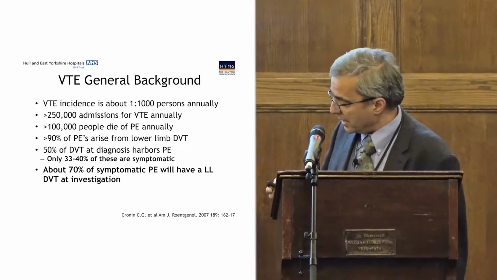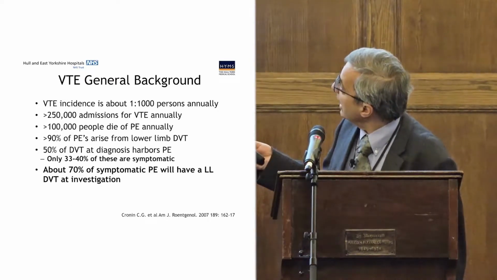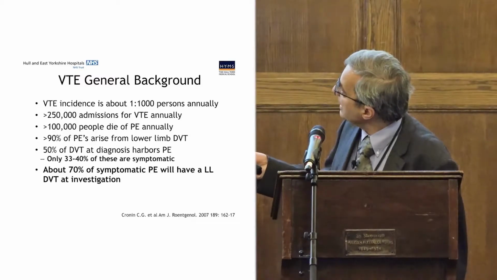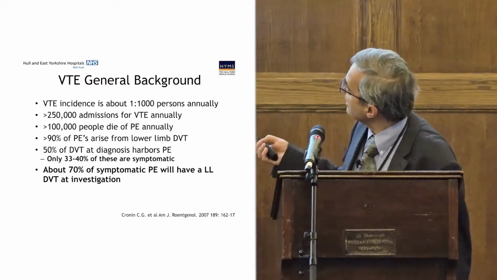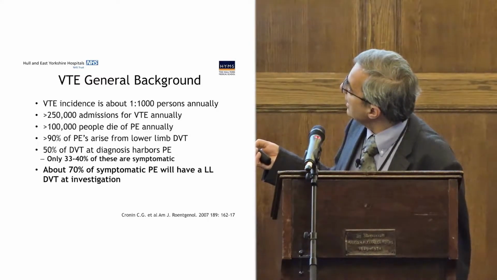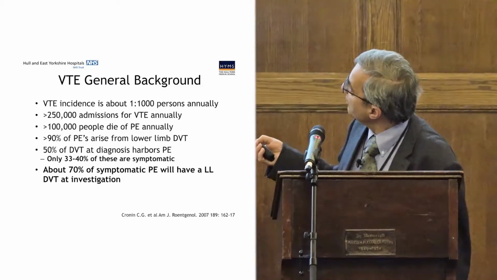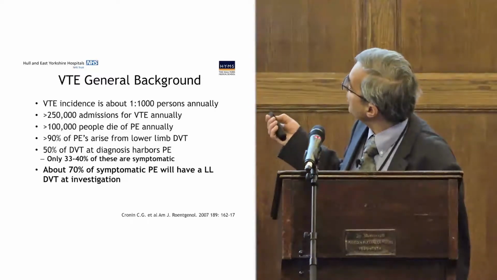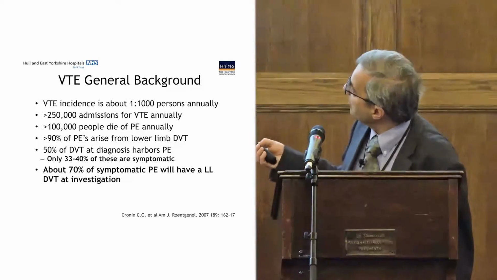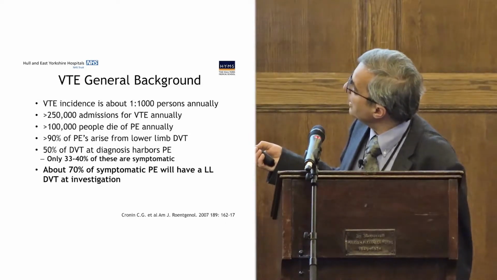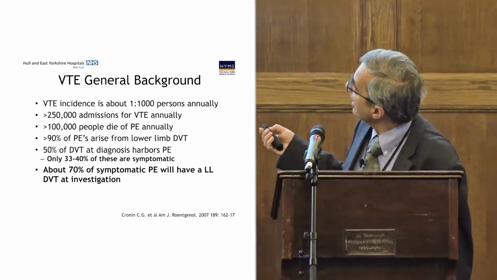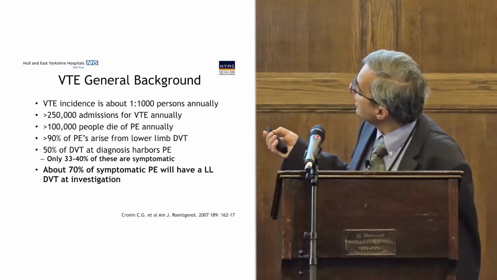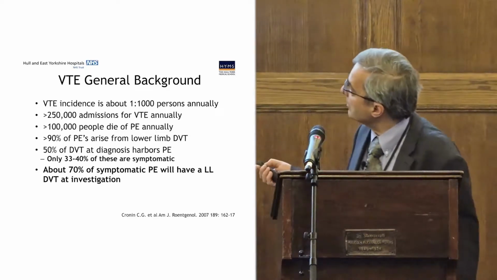It is pretty lethal. But the thing that I want to highlight here is that when you have a DVT at diagnosis, about 50% of those patients will be harboring a pulmonary embolism. And about 33 to 40% of those PEs will be symptomatic. Therefore, the others will be asymptomatic.